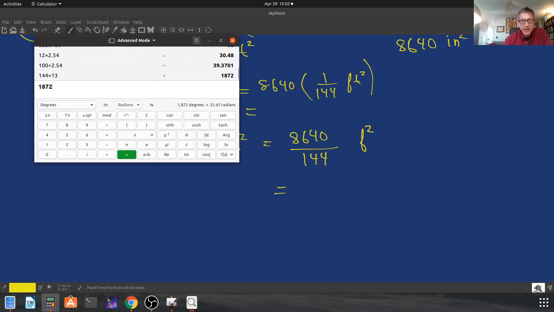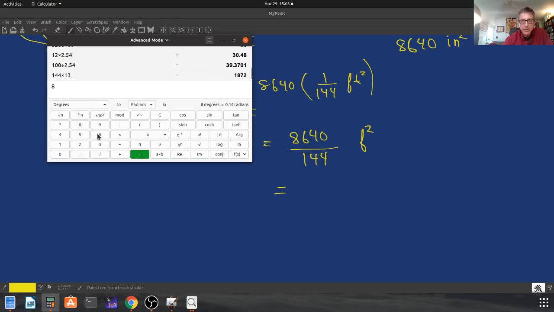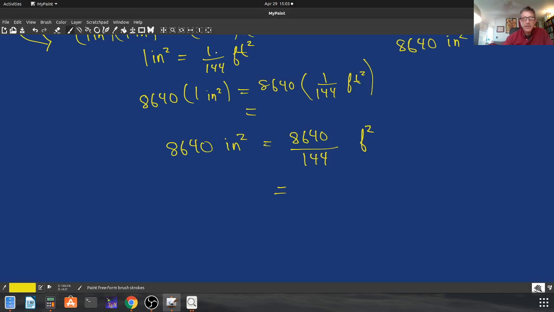I'm using the advanced mode for my college algebra class. So that's equal to 60, it's supposed to be feet, square feet.